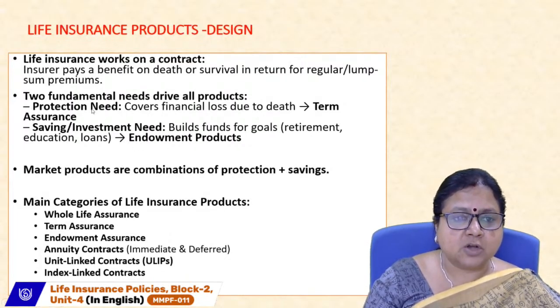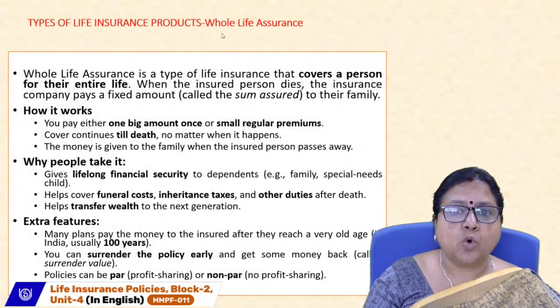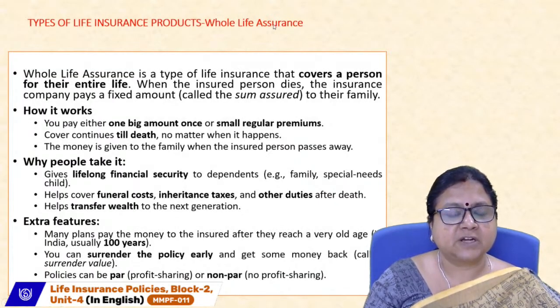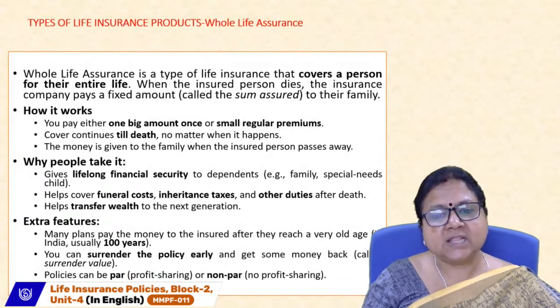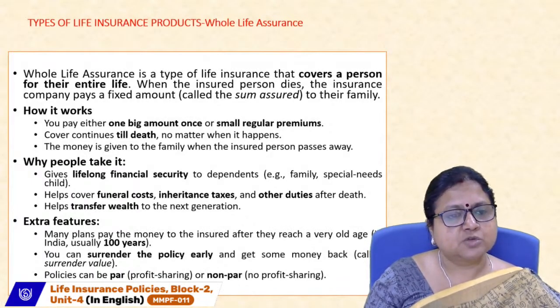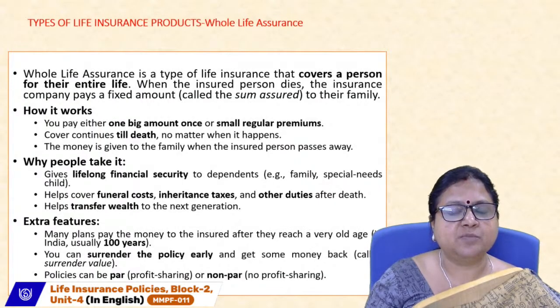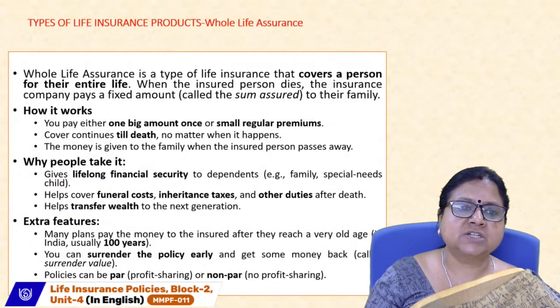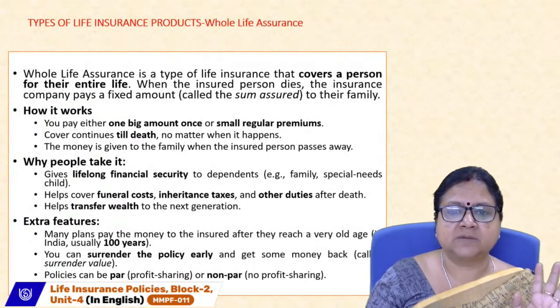Now when we talk about whole life assurance, this is covering the uncertainty of life, that is a life risk. So whole life means till the death of that person. Whole life assurance is a type of life insurance that covers a person for his entire life. When the insured person dies, the insurance company pays a fixed amount called the sum assured to their family.